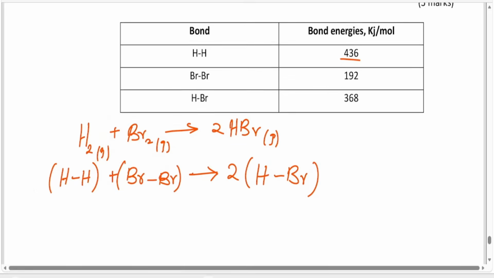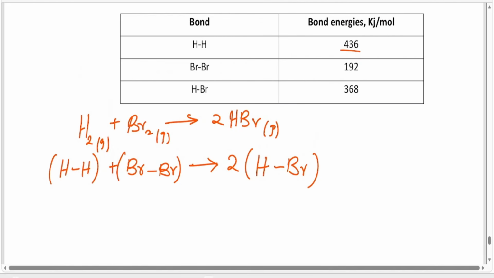From what we are given, hydrogen is positive 436, plus bromine, positive 192, and I'm obtaining 2 into positive 368.